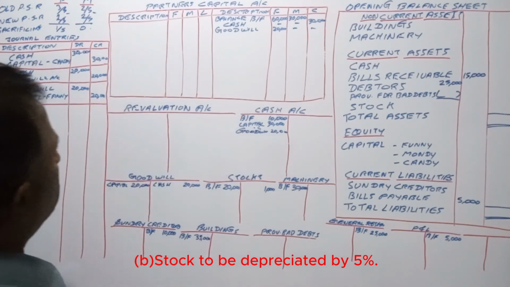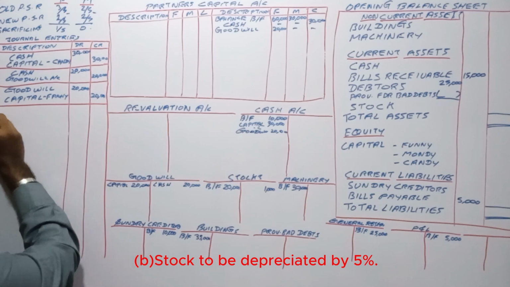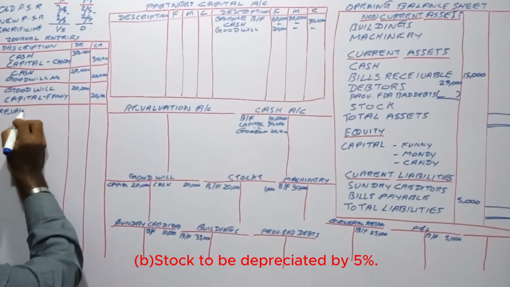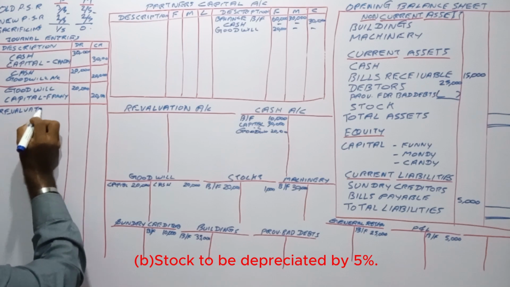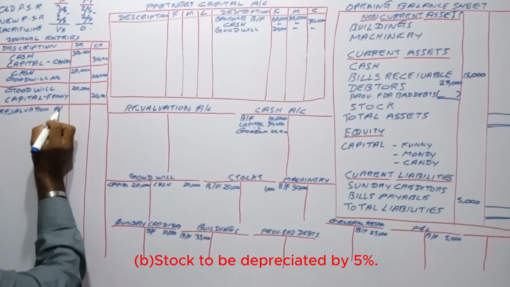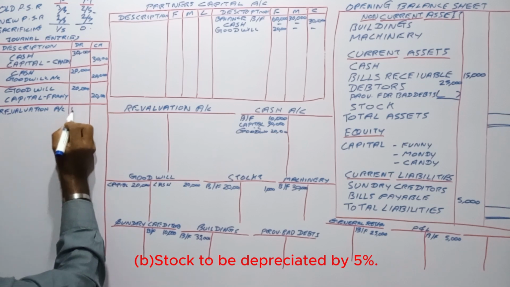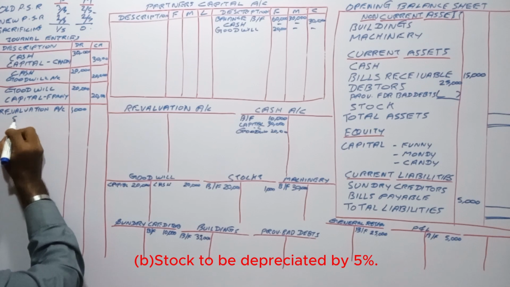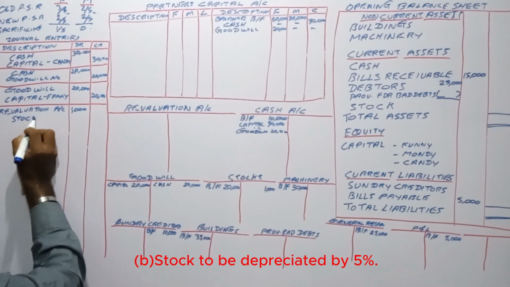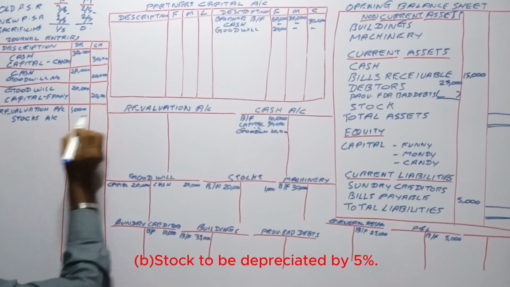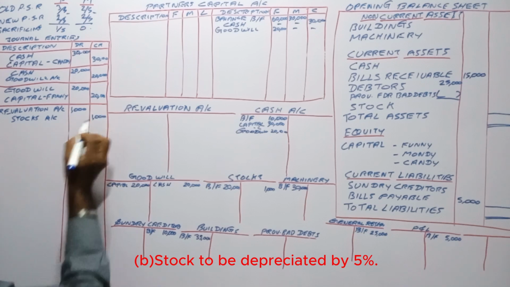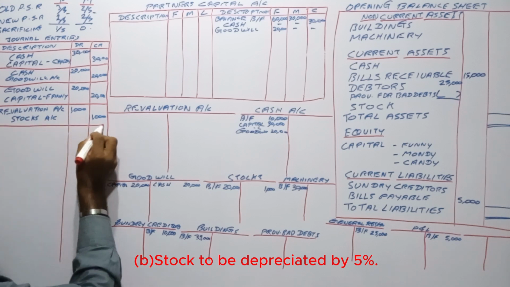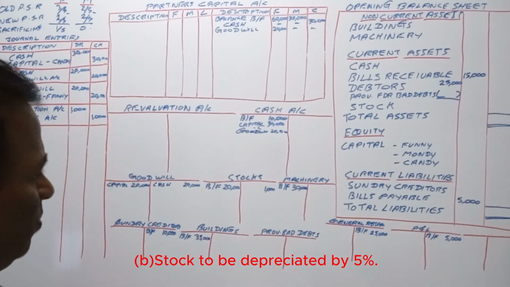So revaluation account debit 1,000 and stock account credit 1,000, because the revaluation took place when admitting the new partner.